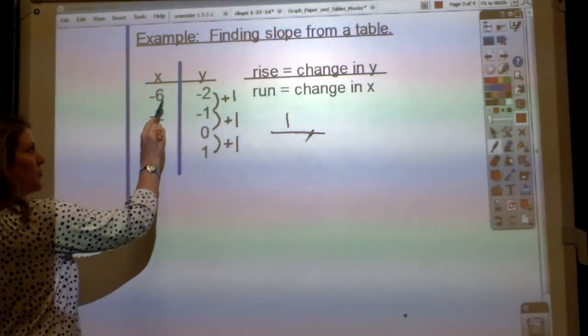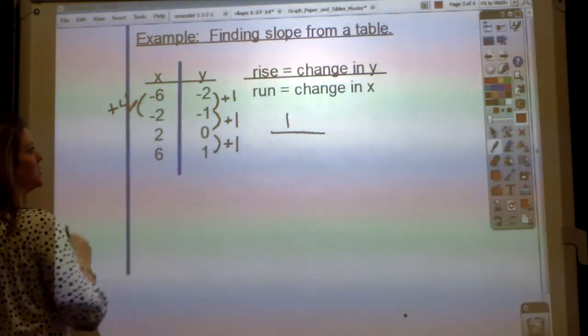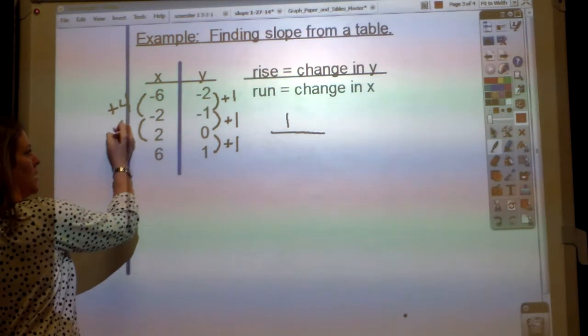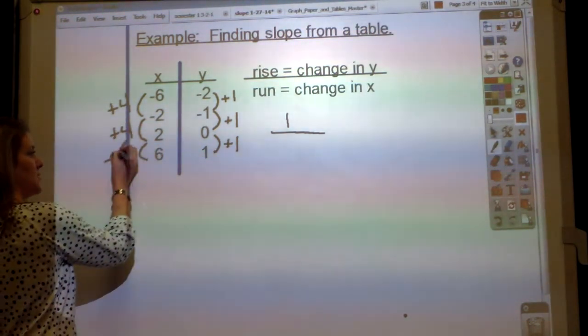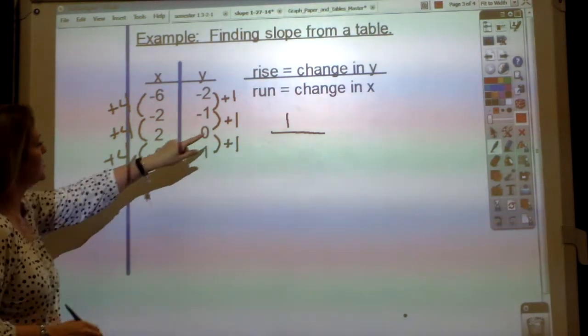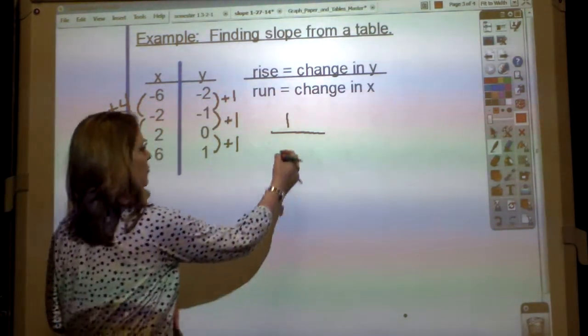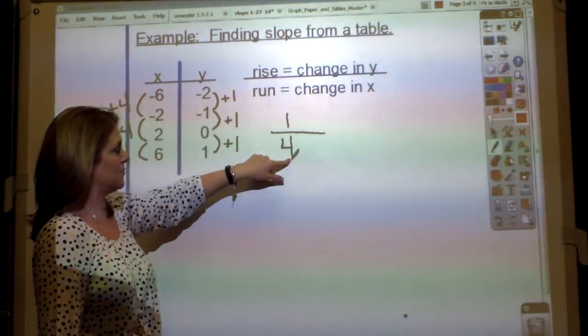The x's, you're going from -6 to -2, so that's an increase of 4. -2 to +2 is another increase of 4, and 2 to 6 is another increase of 4. So it looks like we're going up 1, right 4. So our change in the x's, or the run, is a +4.